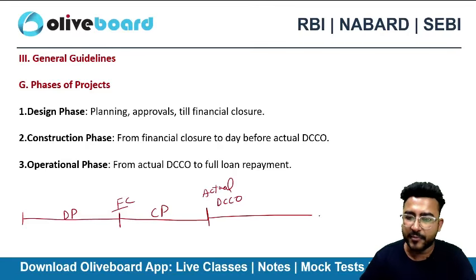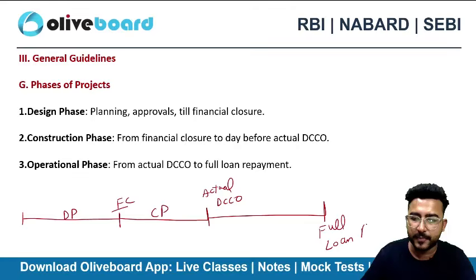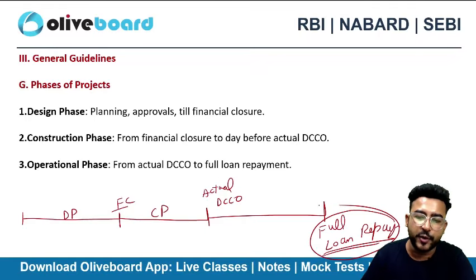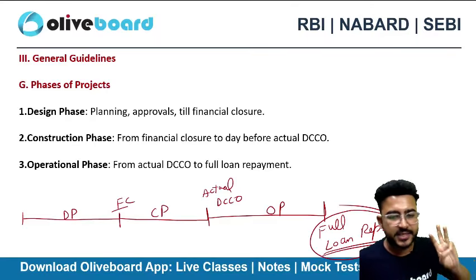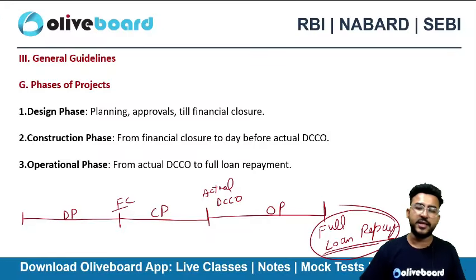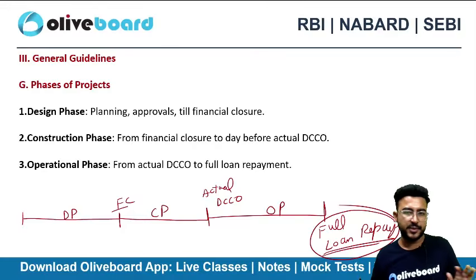And from the actual DCCO till the date of full loan repayment, till the time I'm able to fully repay my loan, this will be the operational phase. So these are the three phases in this project finance direction, and you need to remember the timelines as well, right?